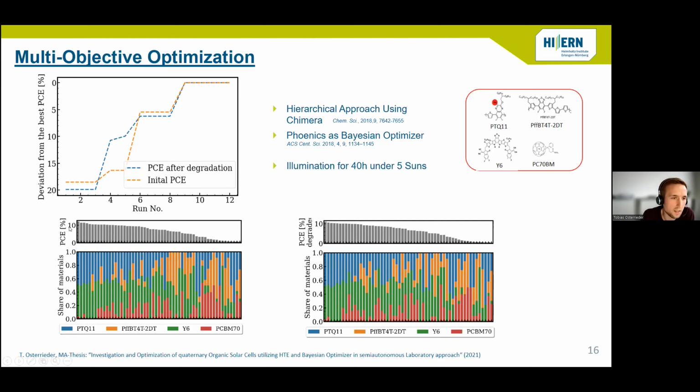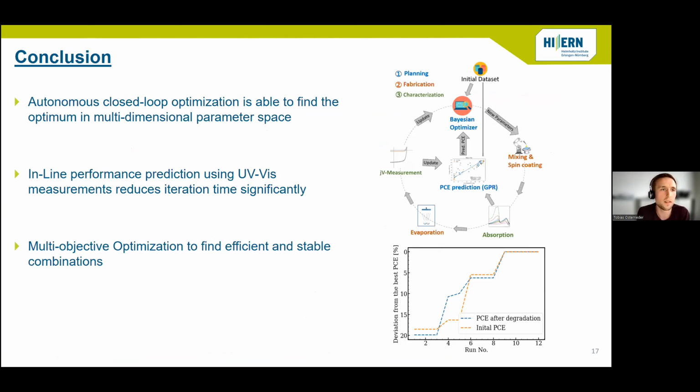You can see here on the left side, the cells are ordered by the initial PCE, and on the right side, the cells are ordered by the PCE after the degradation. So in conclusion, we can say we built an autonomous closed-loop optimization, which is able to find the optimum of full organic solar cell devices without any human interaction.